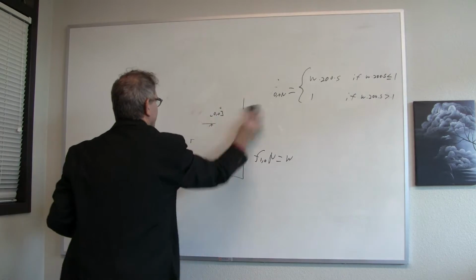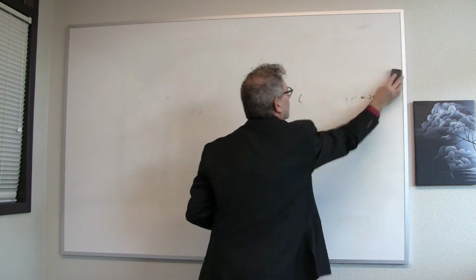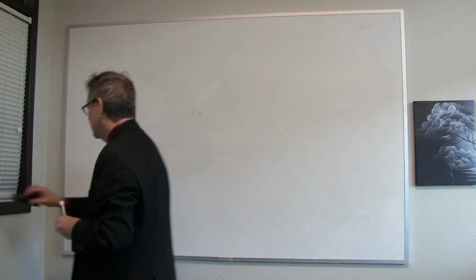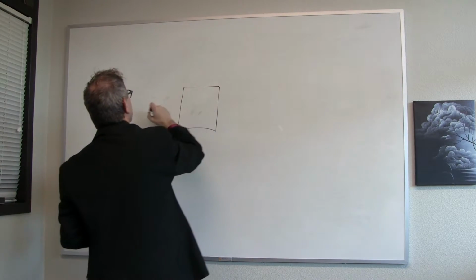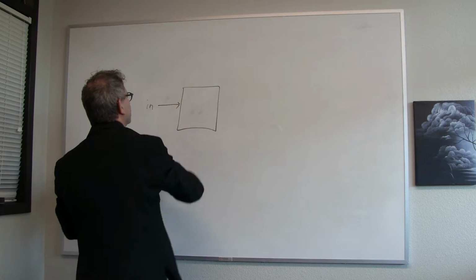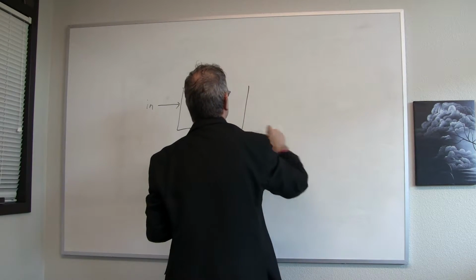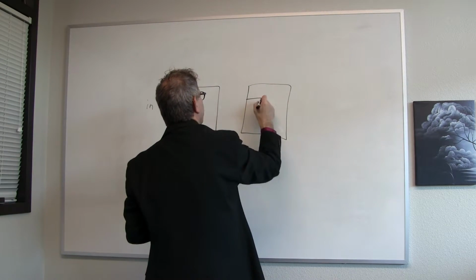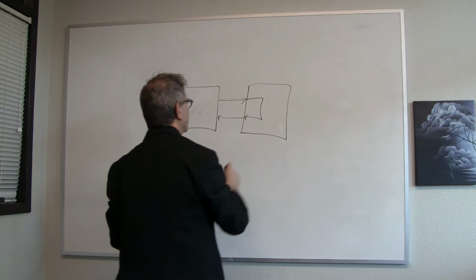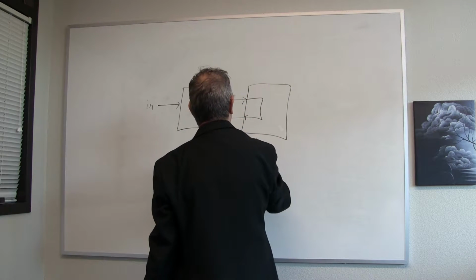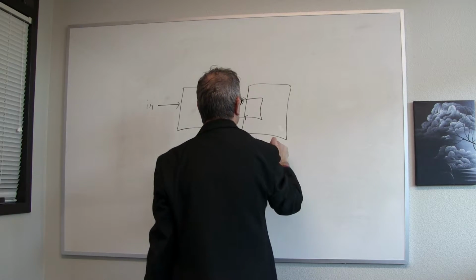All right, what else can we do with this? Picture the following circuit. We have some input coming to the west, and we have another cell over here, and this cell basically takes an input value and echoes it back. So this is just function to the west equals west.